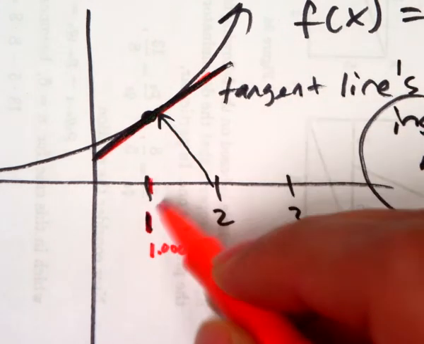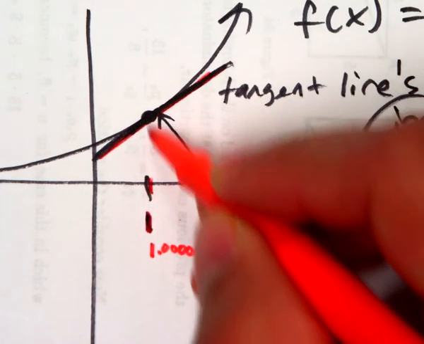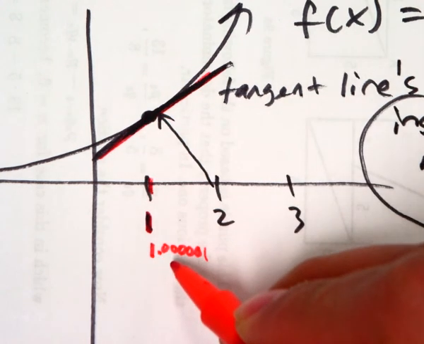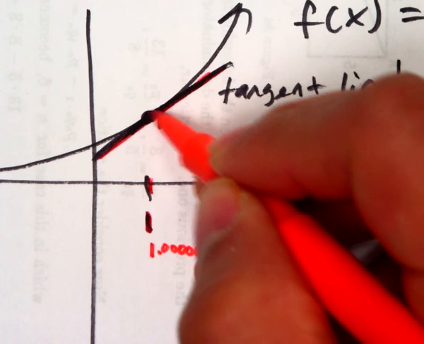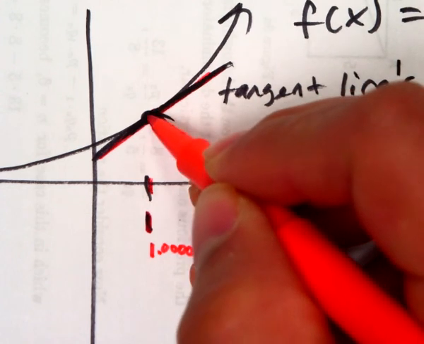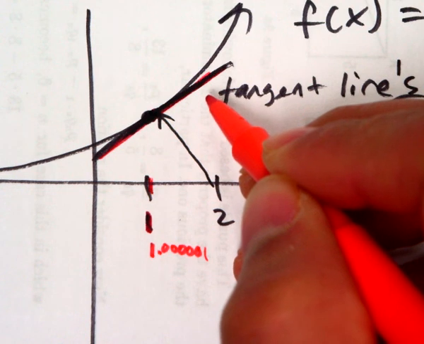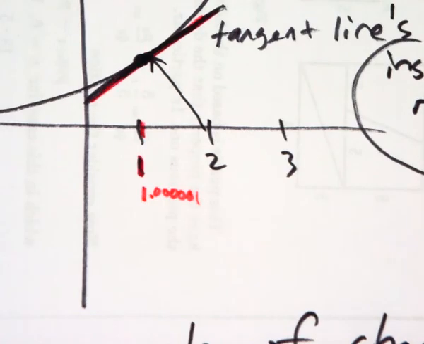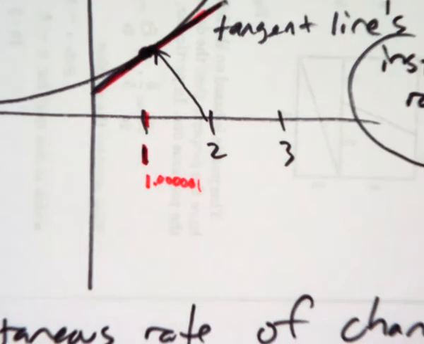So for instance, if I plot e to the 1, that's right here. If I plot e to the 1.000001, that's just going to be a new point pretty much right on top of this other point, so that when you connect these, you really do get pretty much the tangent line. So let's go ahead and do that calculation. Let me zoom out, sorry.